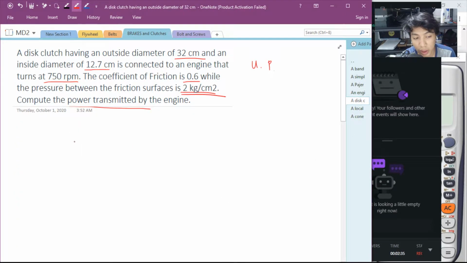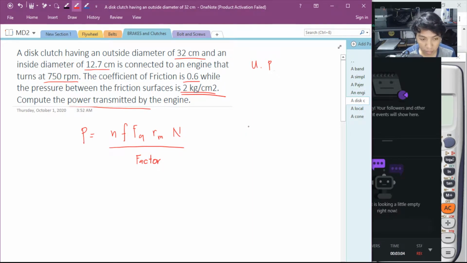Ayun, ilista natin dun. So, the power you need, N, for the number of pairs, the number of clutches na meron ka dyan, or the number of disc, the coefficient of friction, you multiply it with the applied force, and then multiply it with the RM, or the mean radius, and then multiply it with the rotational speed of the clutch, divided by the factor.